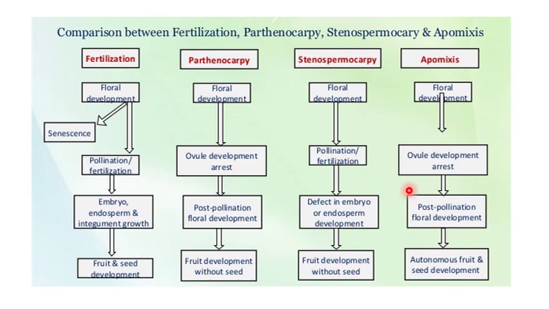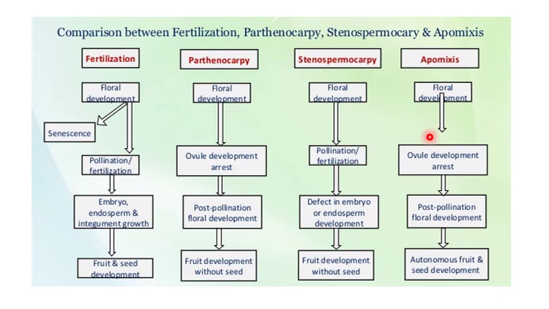And in the case of Apomixis, Parthenocarpy is the formation of fruit without fertilization, but apomixis is the formation of seed without fertilization.